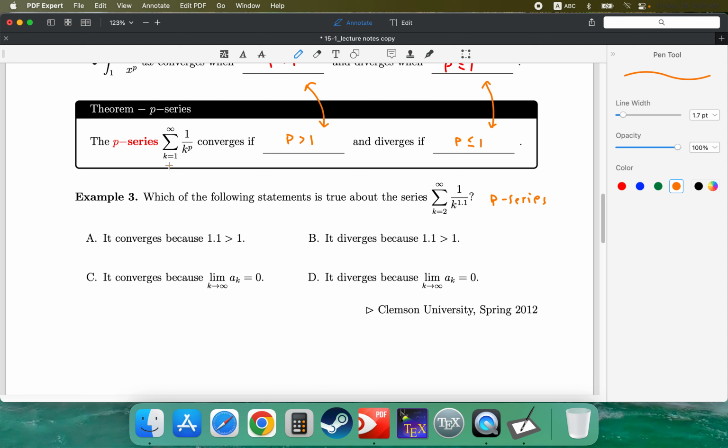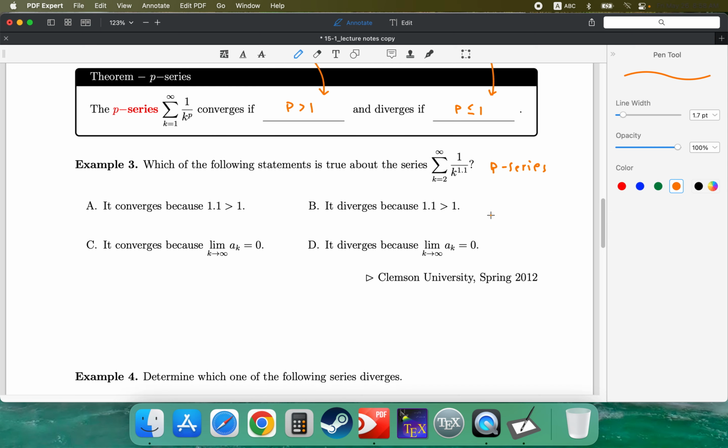Now you might be wondering, but here k starts from 1, here k starts from 2. It doesn't matter where you start. You can do k equals 100, but that won't change the fact that this expression is 1 over k to the pth power. So this is a P series.